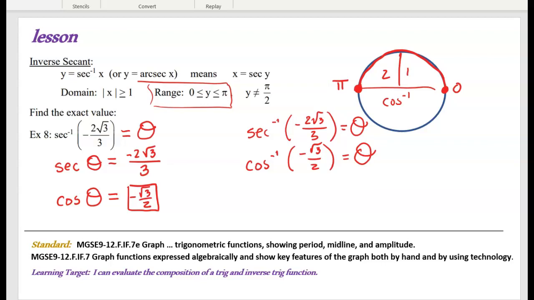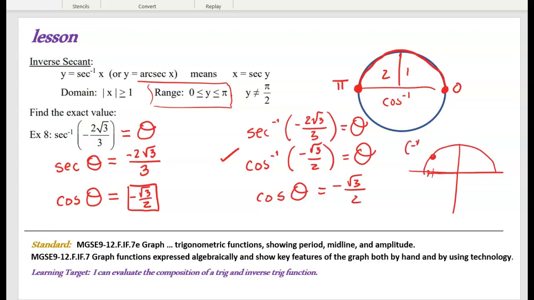And then, since now it's a cosine inverse problem, just like we did in the last video, cosine of theta equals negative root 3 over 2. Theta needs to live not in the fourth quadrant. Be careful. My x-coordinate is negative, which means, on the unit circle, my x-coordinate is negative root 3 over 2 in the second quadrant.